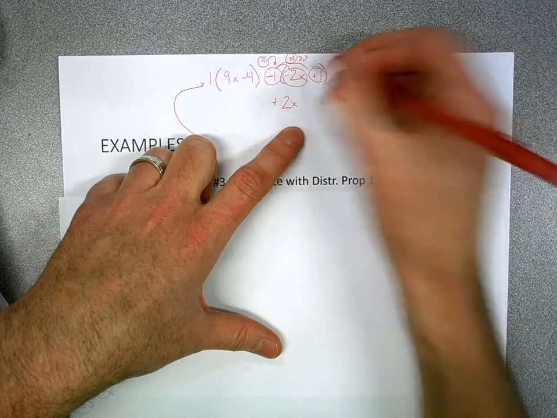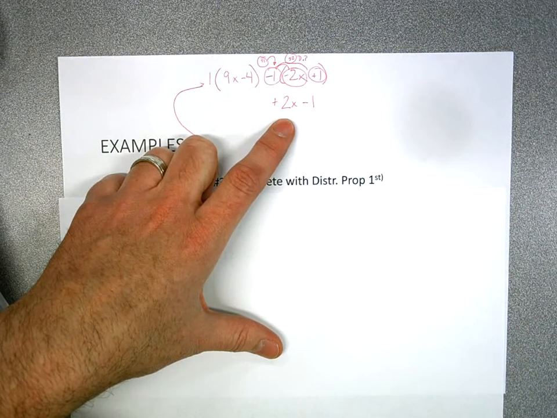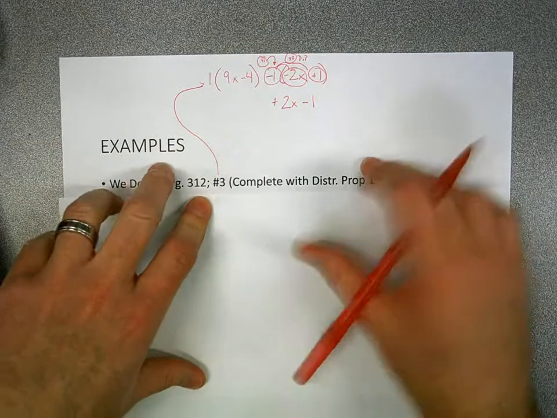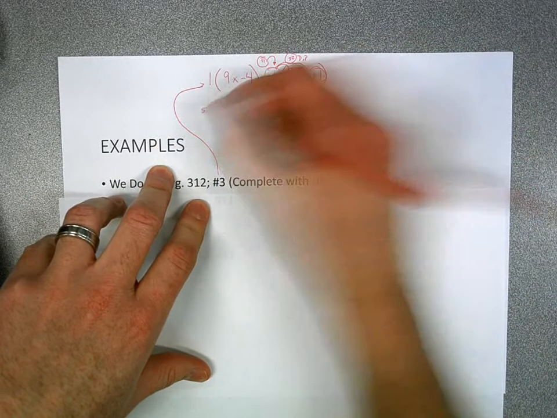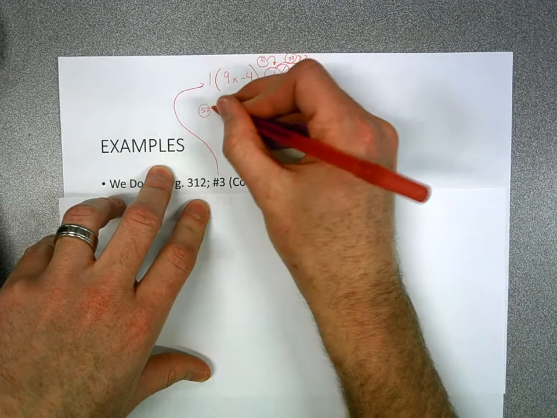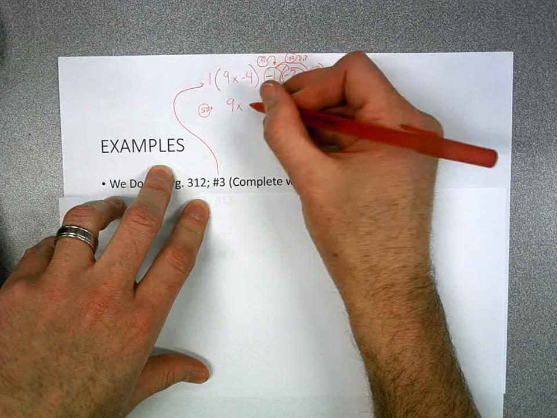And a negative 1 times a positive 1 is a negative 1. After we do the distributive property with that second one, the first is just like yesterday. We can drop the parentheses: 9x minus 4.